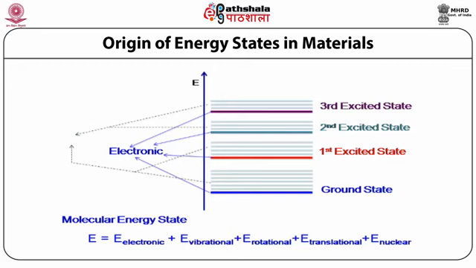In the energy spectrum, the atomic or molecular orbitals are the available energy states permissible for the existence of electrons.